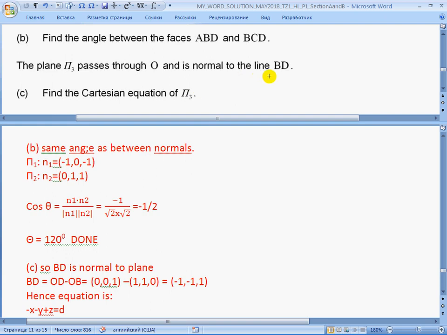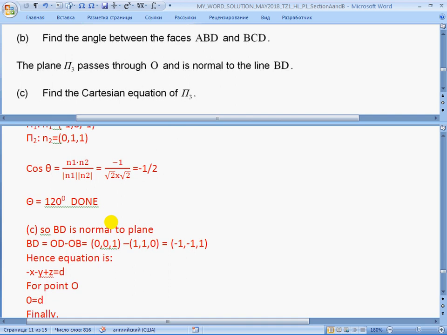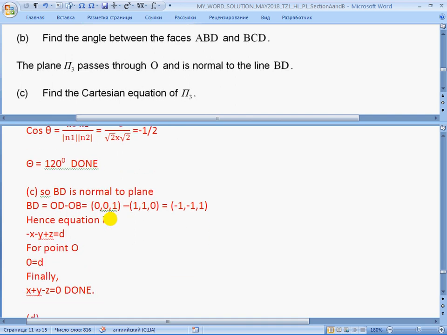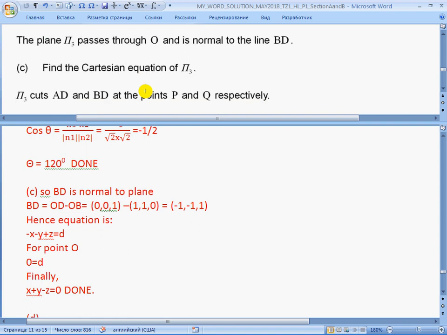So BD is the normal, and BD gives us the coefficients of this plane equation, and we need D because it goes through the origin O, so we put 0, 0, and D equals 0, so finally we get the equation.